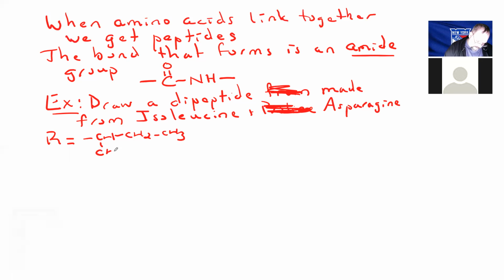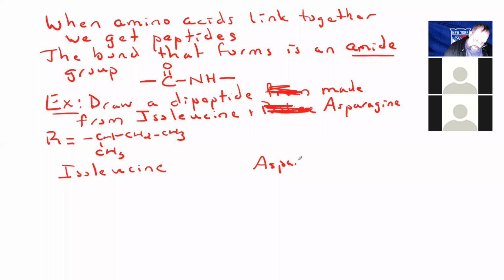So CH3 here, and this is our isoleucine, right? And then for our asparagine, the side chain, CH2, connected to C double bond O, connected to NH2, all right?